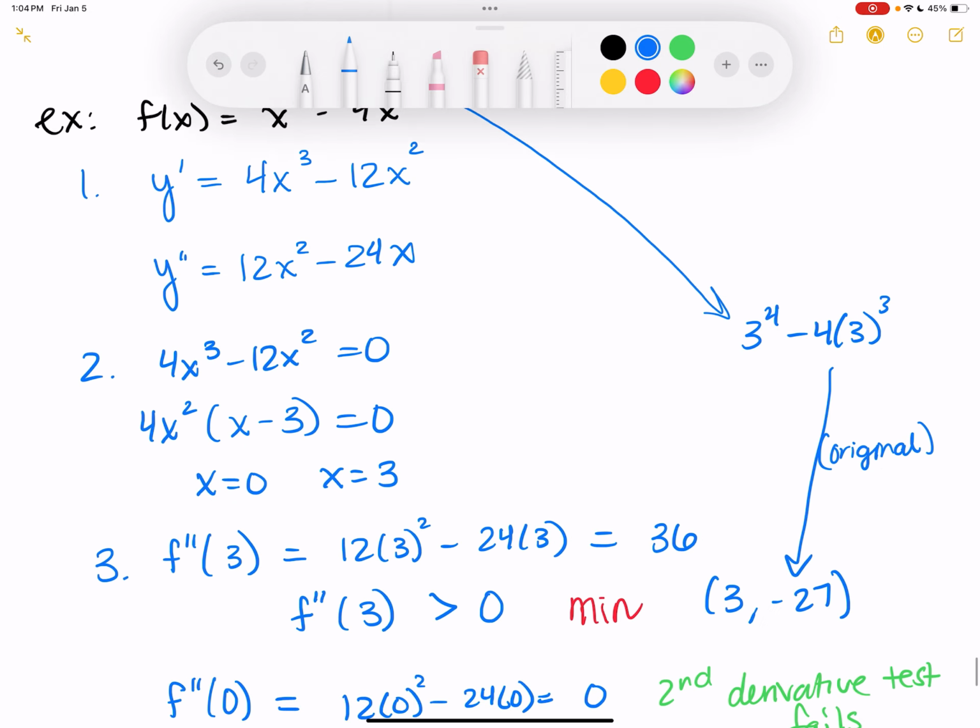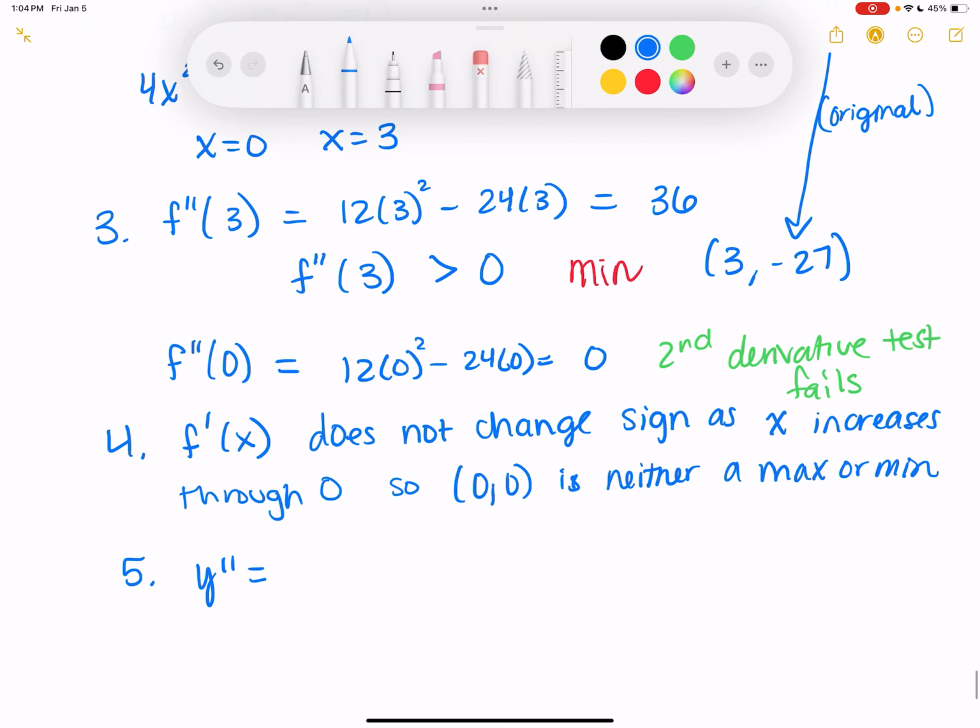That was 12x squared minus 24x. I take out a 12x, which leaves x minus 2. So x equals 0 and x equals 2 are the possible points of inflection.